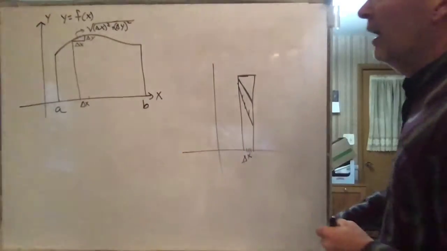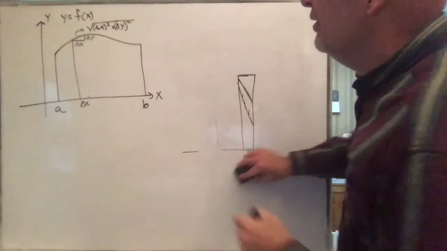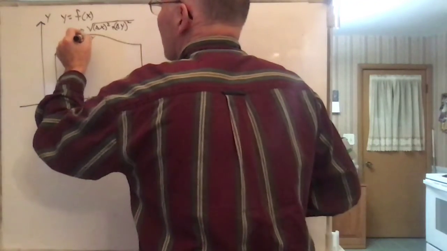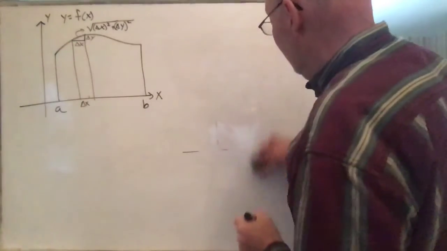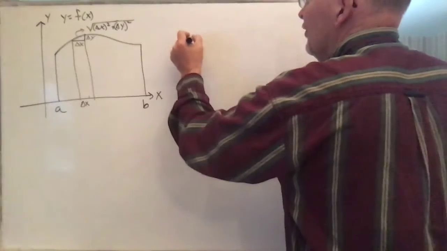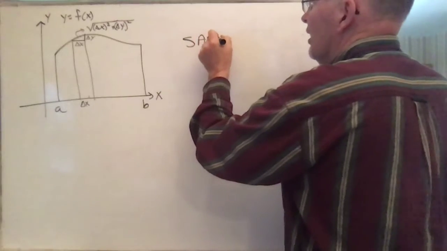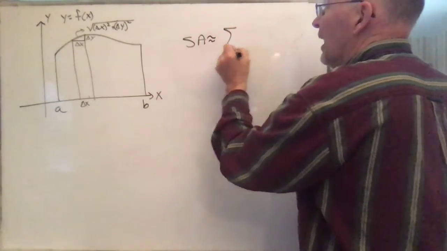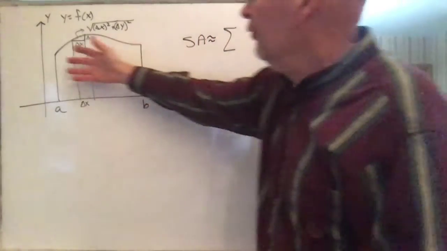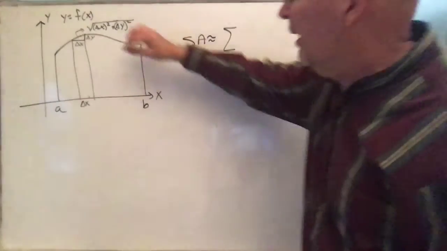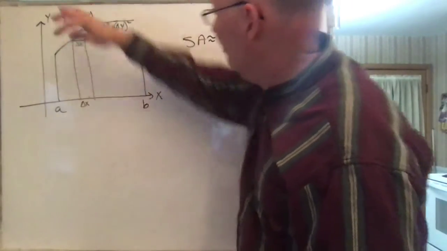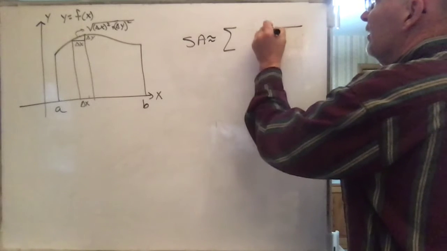And so that's what we're after. That's the length we want. So our surface area, or I should say the surface area of the whole thing, is going to be what we get by adding up these lengths. So each one of those lengths is like this.